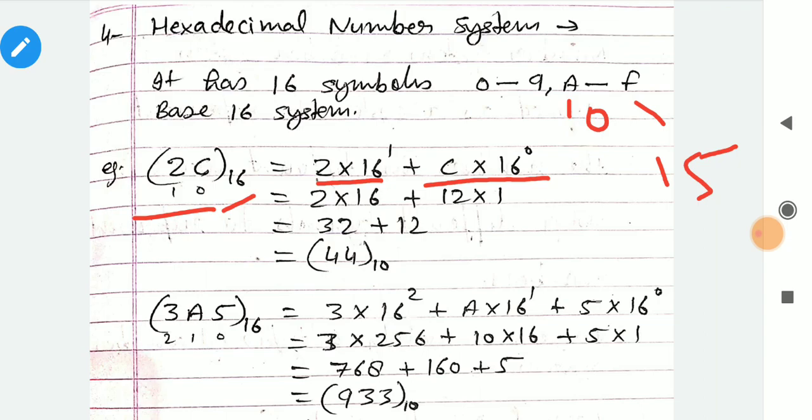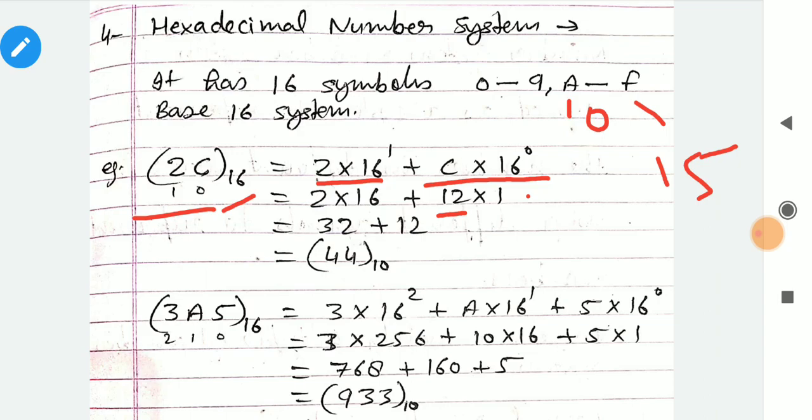So the value of C is 12, and we have to use C as 12 in the equation. After solving, it is 2 into 16 plus 12 into 1. 1 means 16 to the power 0, since any number to the power 0 is 1.